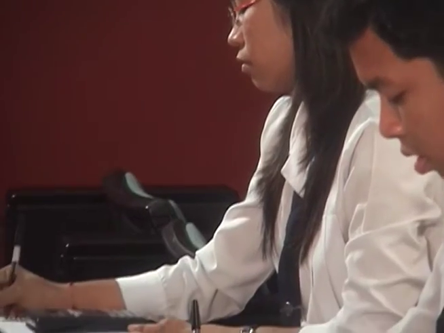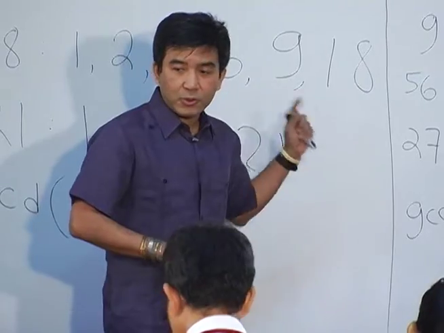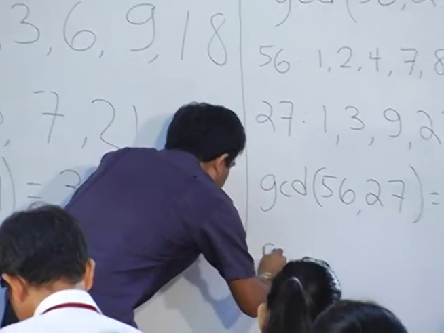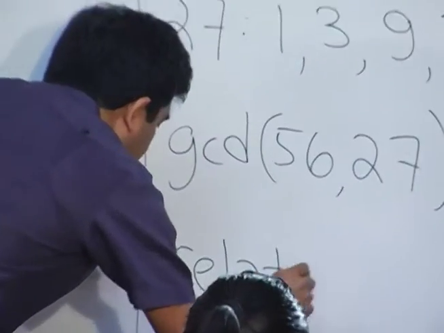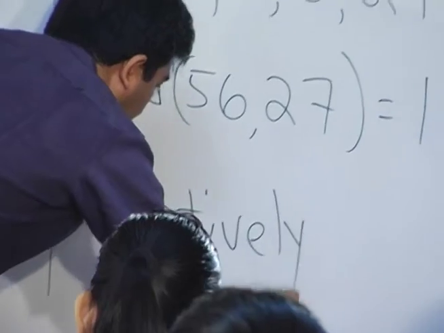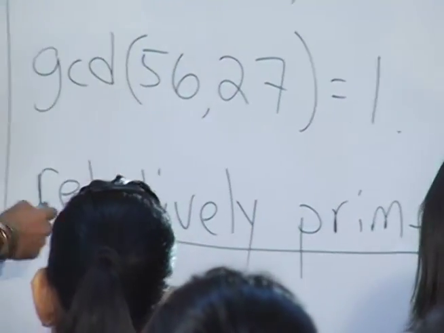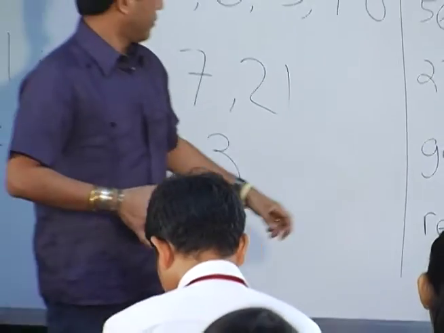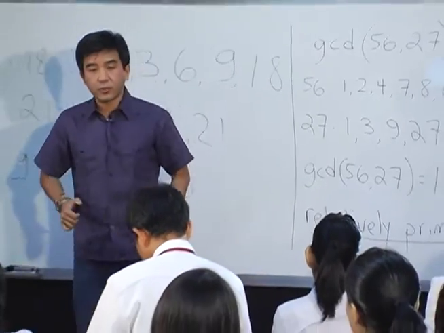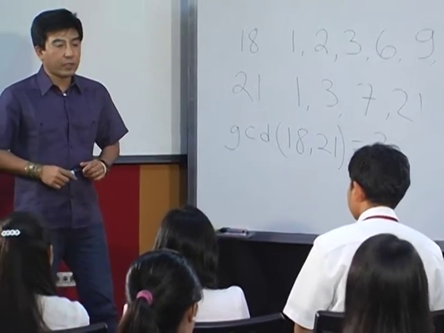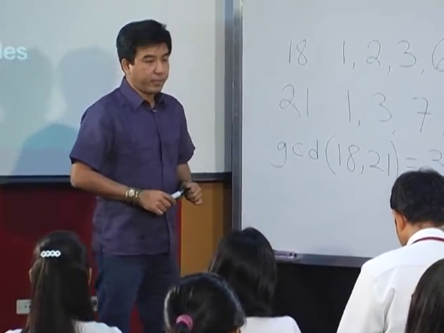But whenever there's no other common factor other than 1, then we say that those two integers are relatively prime. So I'll write down the words, relatively prime. So 56 and 27 are relatively prime. However, 18 and 21 are not relatively prime.